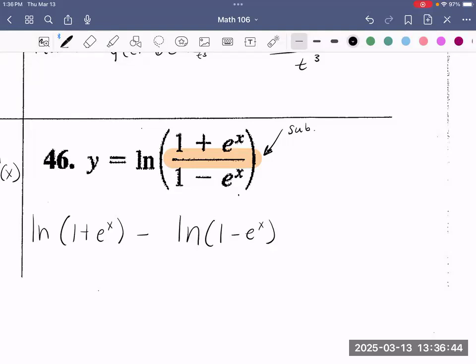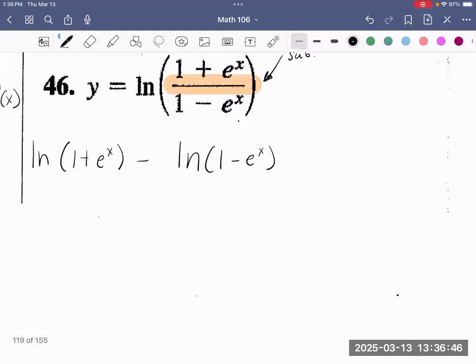Now we can go ahead and derive these separately. So deriving ln, keep in mind the derivative of ln is 1 over x. So for us, this is 1 over x being that whole inside. And then when you chain rule it, we can derive this part. So what would be the derivative of this?